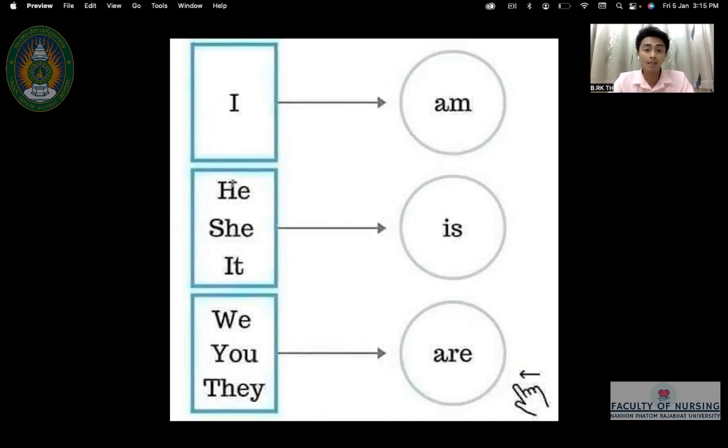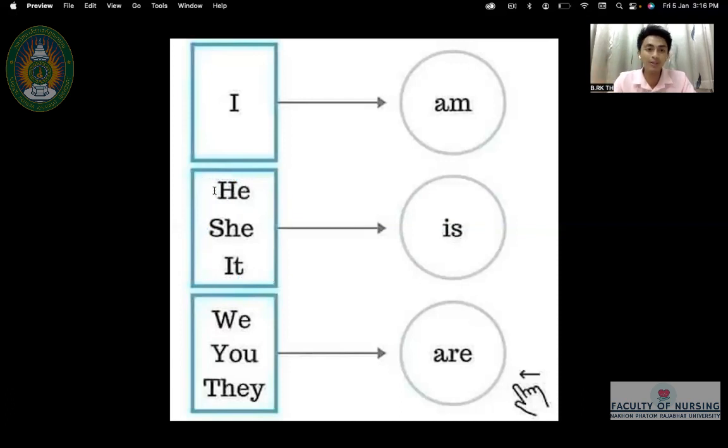Okay, now, if you want to use the word is with the subject he, she, and it. He is talking. He is walking. She is doing something. Okay? So this is something that you use for the words he, she, and it, or second person.